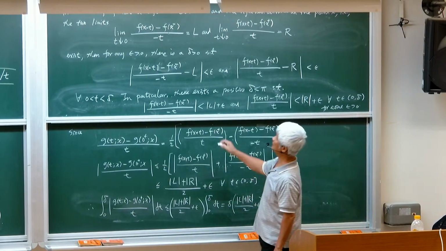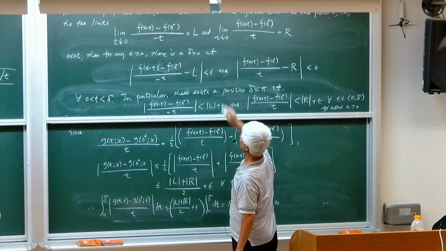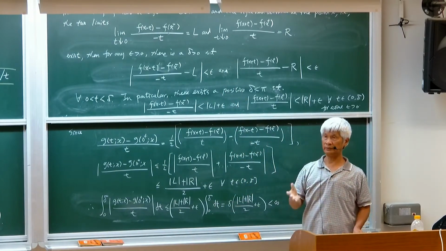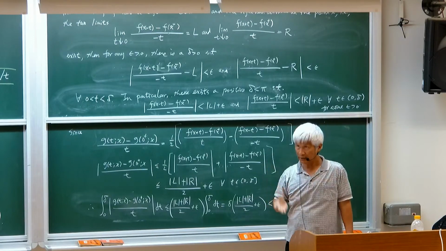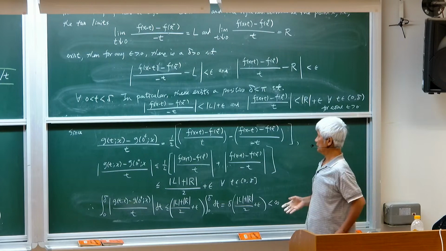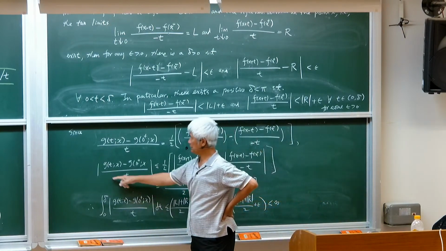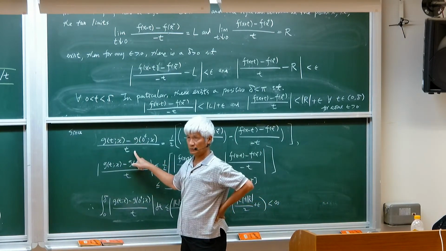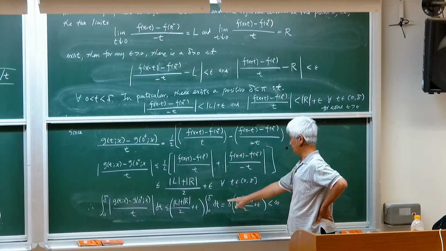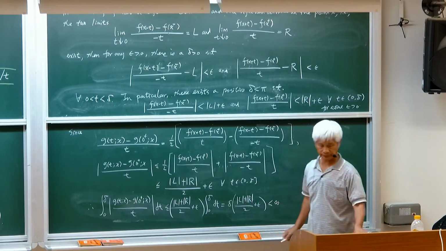So the condition that f has a left-hand derivative and right-hand derivative is sufficient to guarantee that this function is absolutely integrable over an interval from 0 to delta.